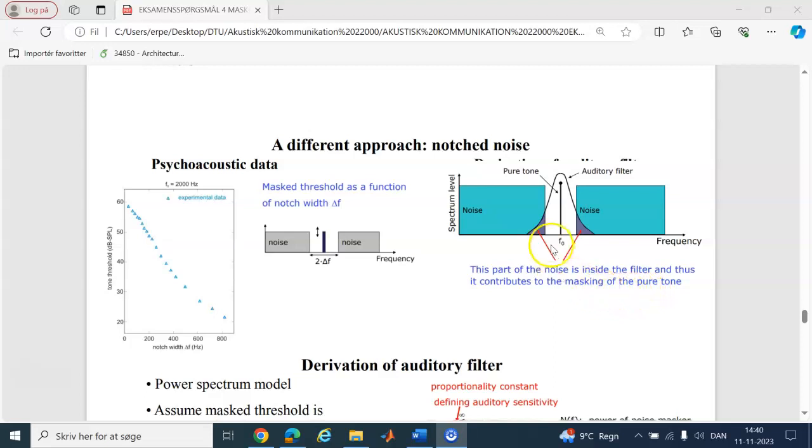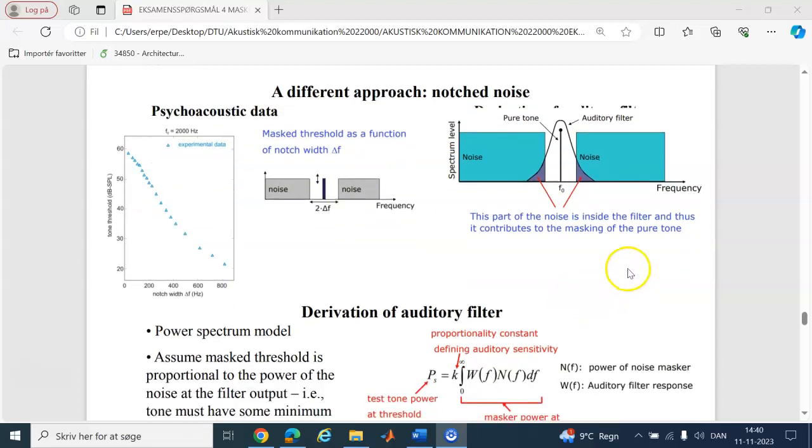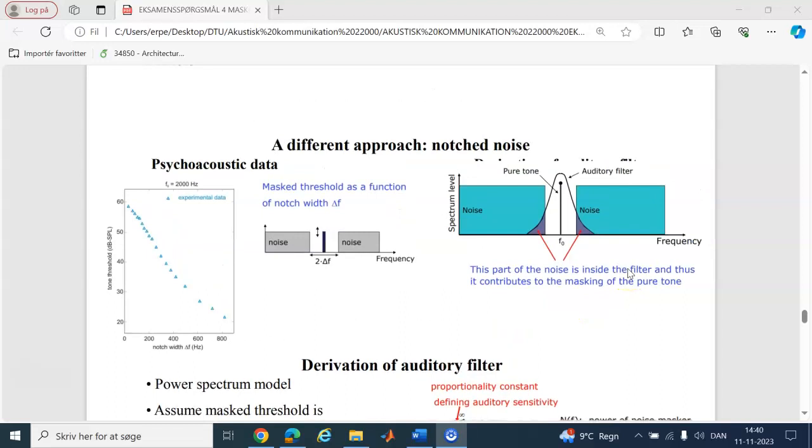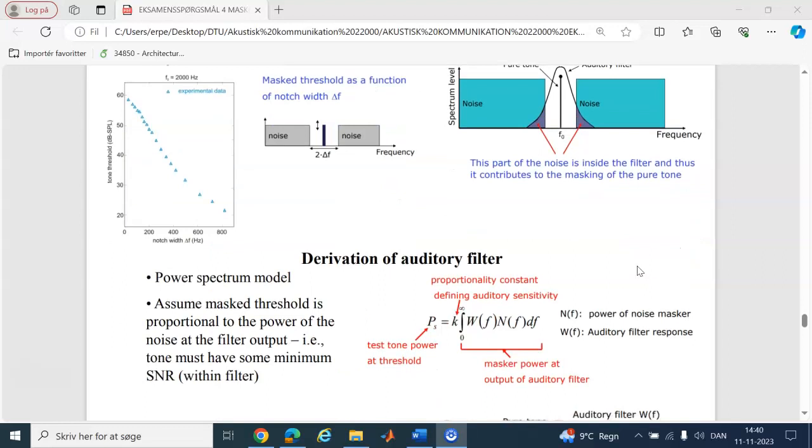If there is a lot of noise under the Gaussian curve, the area is big, then there is a lot of noise contribution. If there is no noise under the Gaussian curve, there is no masking impact.